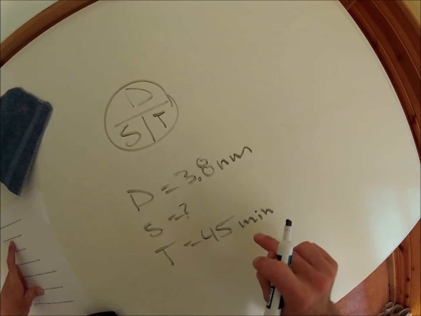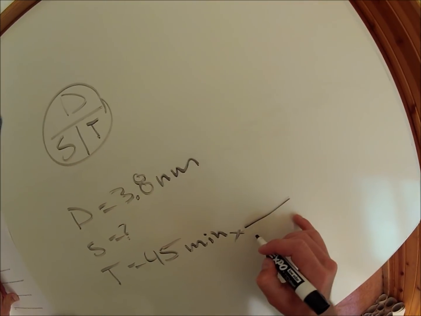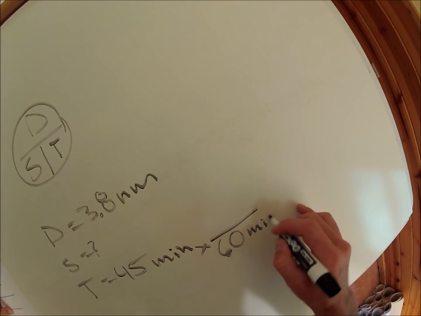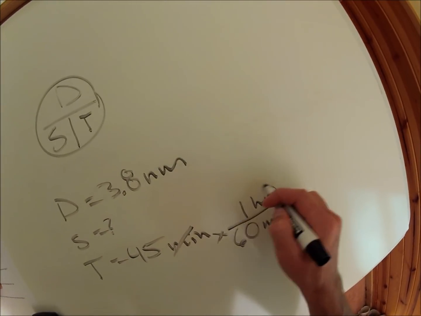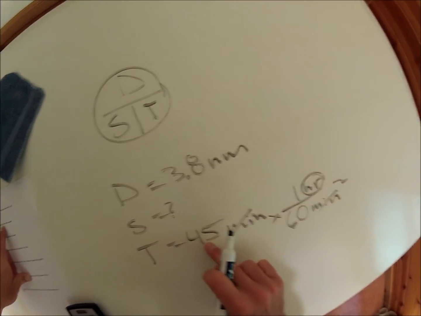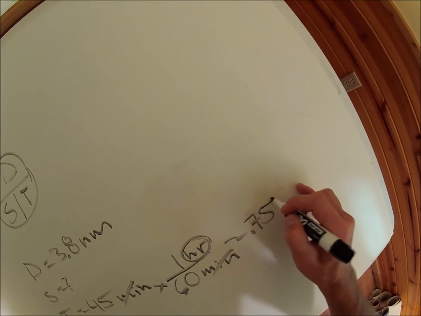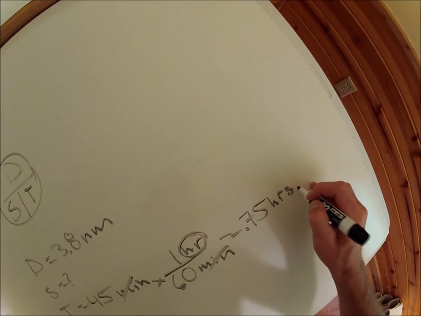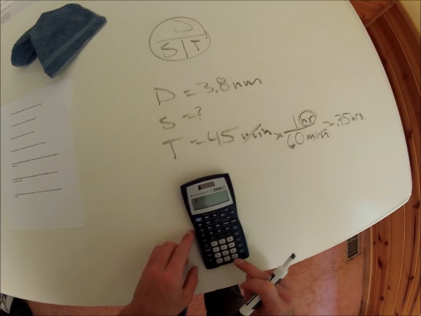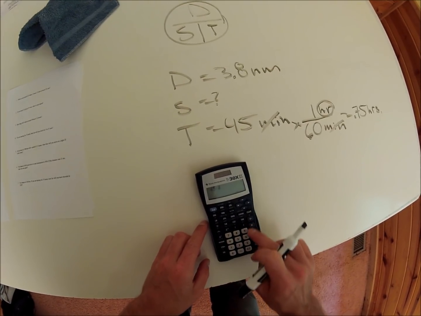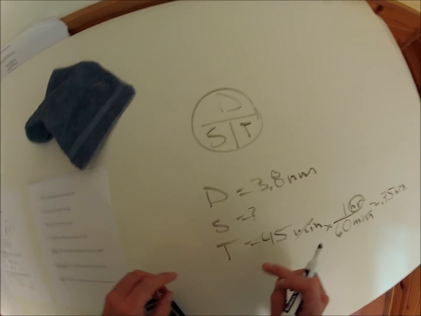Okay, to get minutes to hours, you divide by 60. I always do it this way because minutes cancel off, you're left with hours. 45 divided by 60 equals 0.75 hours. To do it on a calculator, you go 45 divided by 60 equals 0.75 hours.